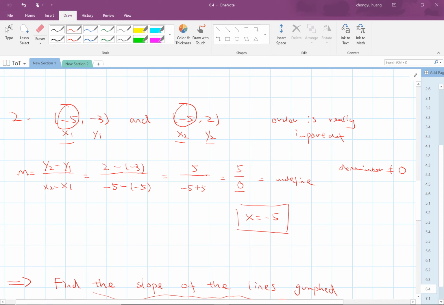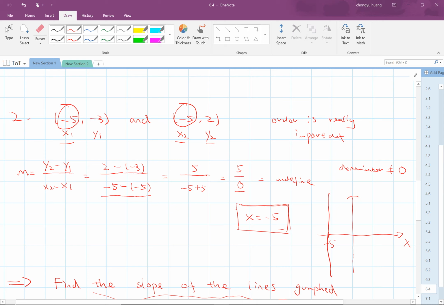If we use a graph to represent this equation, x equal to -5, we have x over here, and suppose here is -5. So this represents a vertical line, right? A vertical line. Therefore it doesn't have a slope, because all the time it's having the same x.